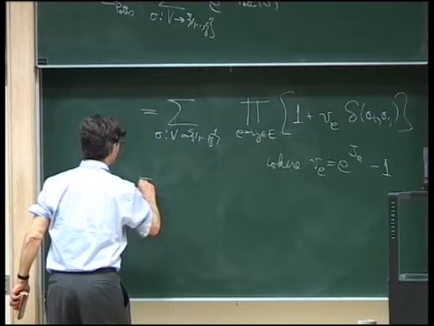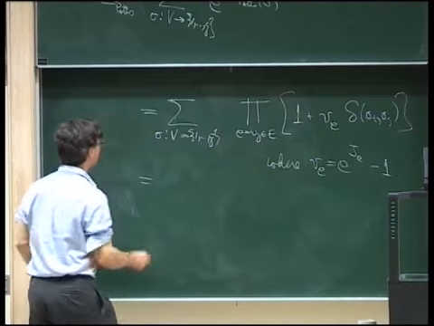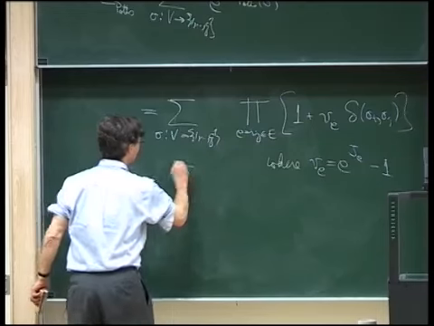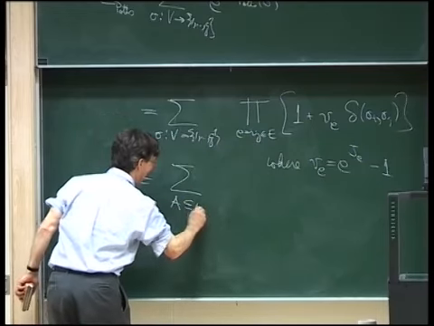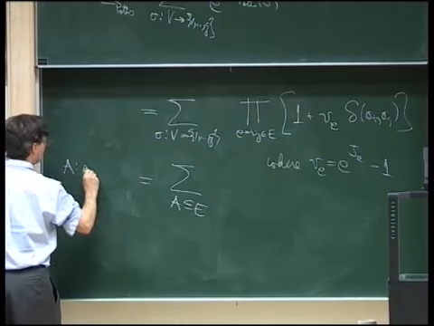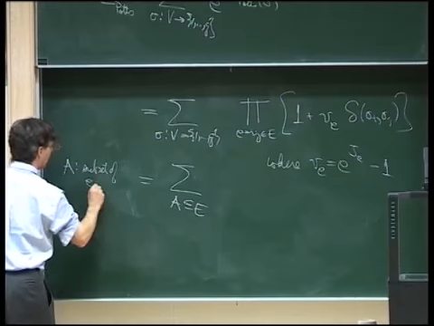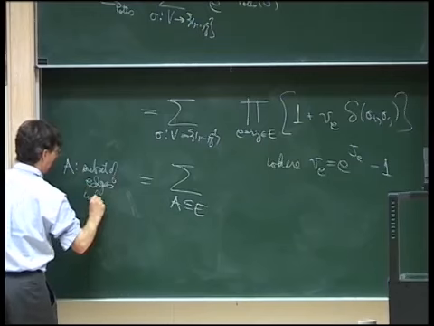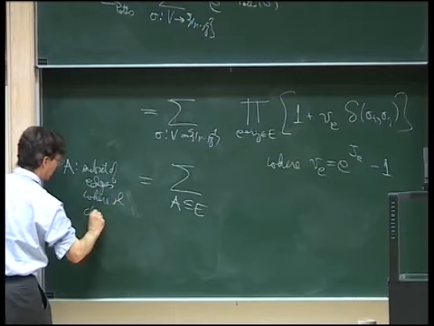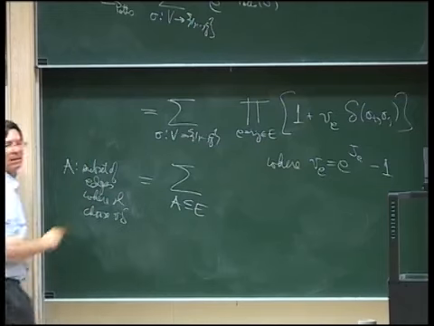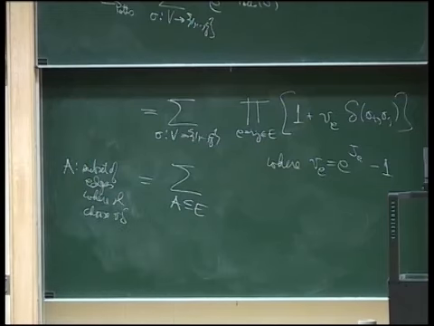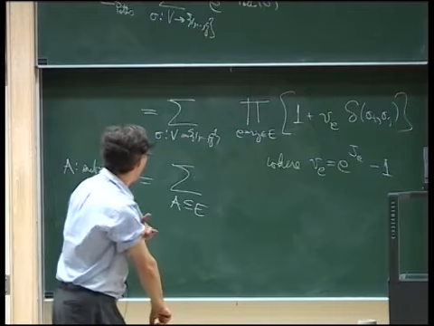So what do I get? In fact, I don't really have to use these n's. What I will just use is, I will let A be the subset of edges where I choose v delta, which is the same as the subset of edges which have n equals 1.